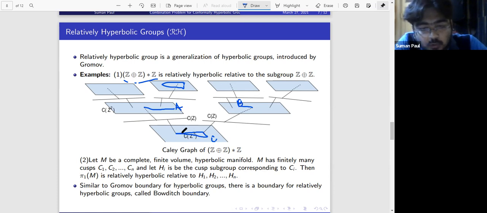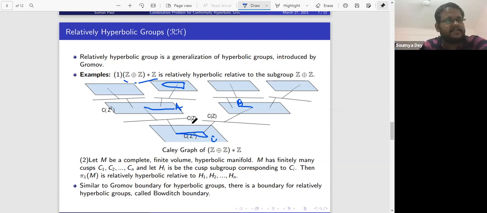But you can show that the triangle will be divided into triangles in each of these subspaces. And if I take delta to be the maximum of the hyperbolic constants of these 3 planes, then the triangle will be delta slim.